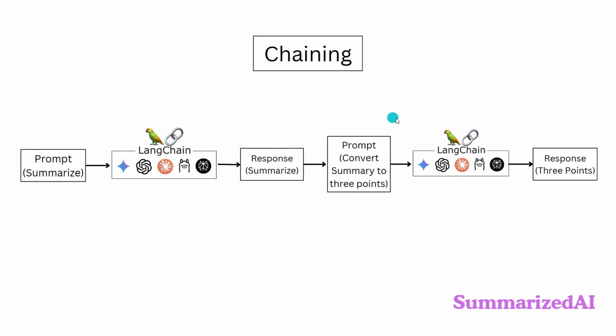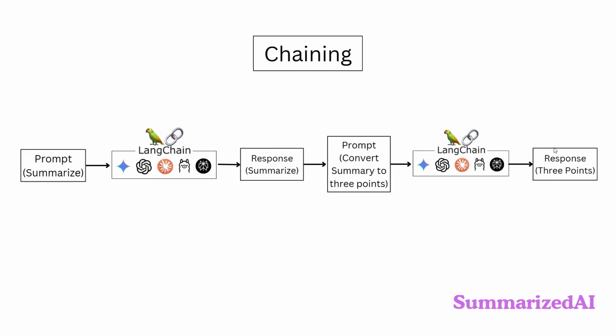Again, we will use LangChain with one of the LLM models, and that model will give you the response having 3 points out of that summary for that particular topic. So this is what we are going to implement.